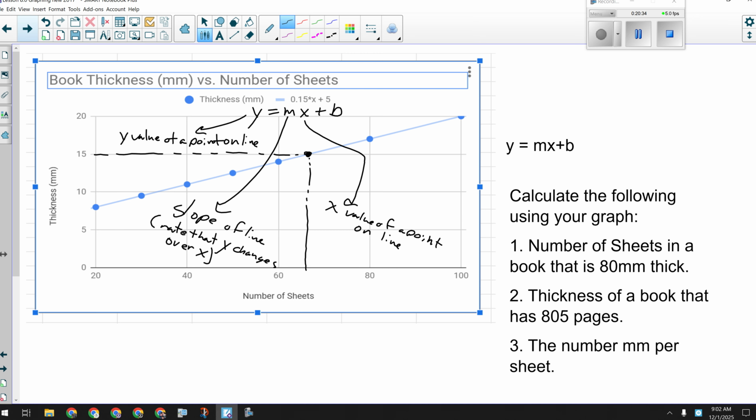And b is the y-intercept. That is the value of y when x is 0.